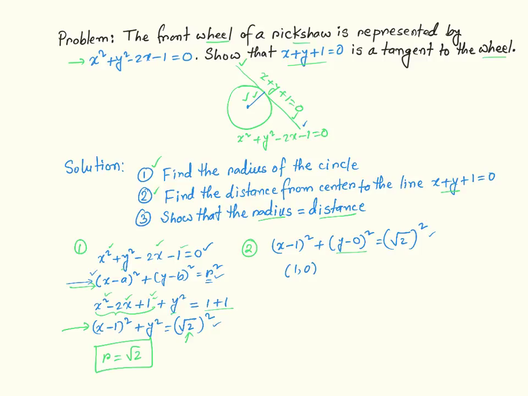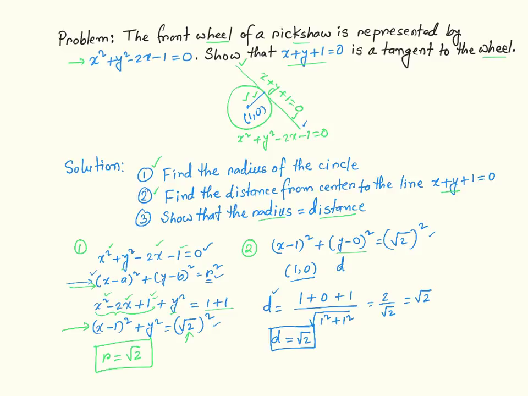So we need to find the distance. Let's call it d. Okay, distance d, which is going to be the distance from the center of the circle, which is, by the way, 1 comma 0, to the line x plus y plus 1 is equal to 0. And we can find that distance very easily by using the distance formula from a specific point, which you hopefully know.